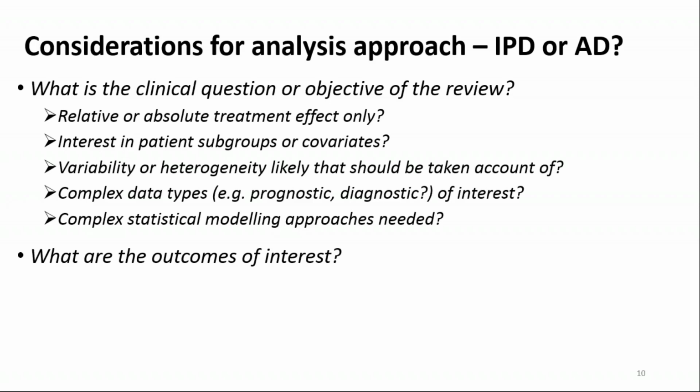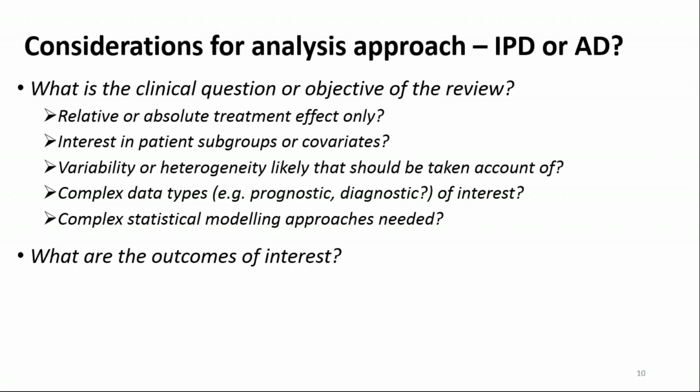Or perhaps there is interest in examining the effect in patient subgroups or the effect of different covariates. Maybe there's interest in modelling any variability or heterogeneity. Perhaps complex data types such as prognostic or diagnostic data are specifically of interest, or a specific type of complex statistical modelling approach would be needed for the review.